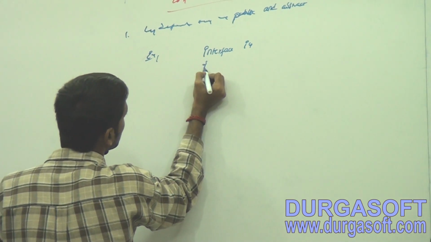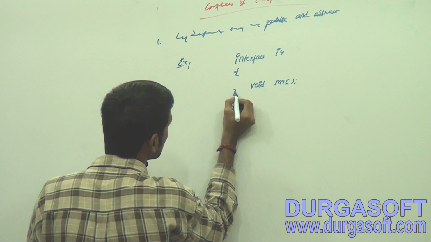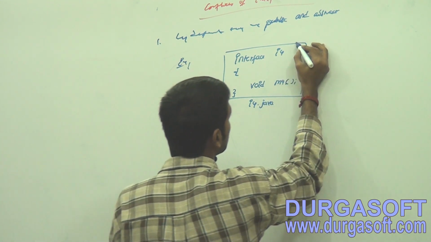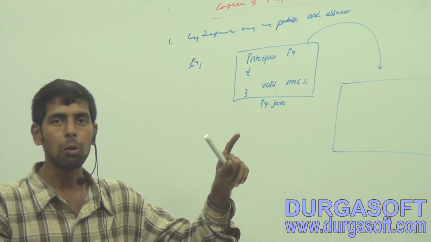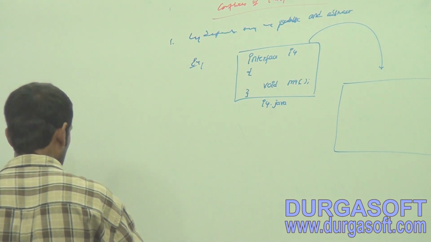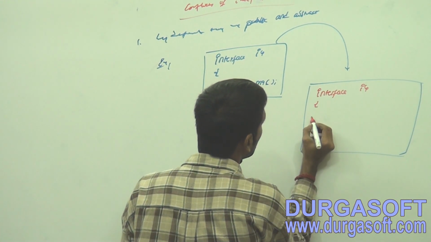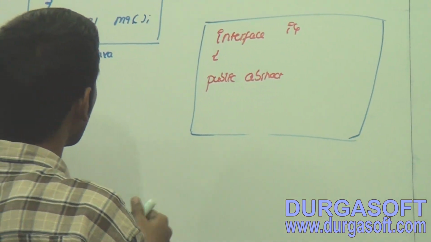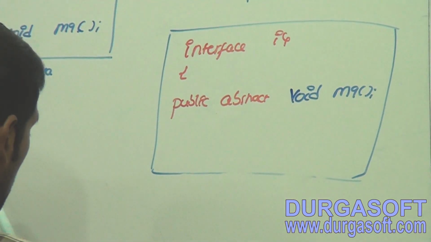Interface I4 with void M9 method, saved with the name i4.java. When I compile this, at compilation this method will be replaced by the compiler in this way: interface I4 with public abstract void M9 method.